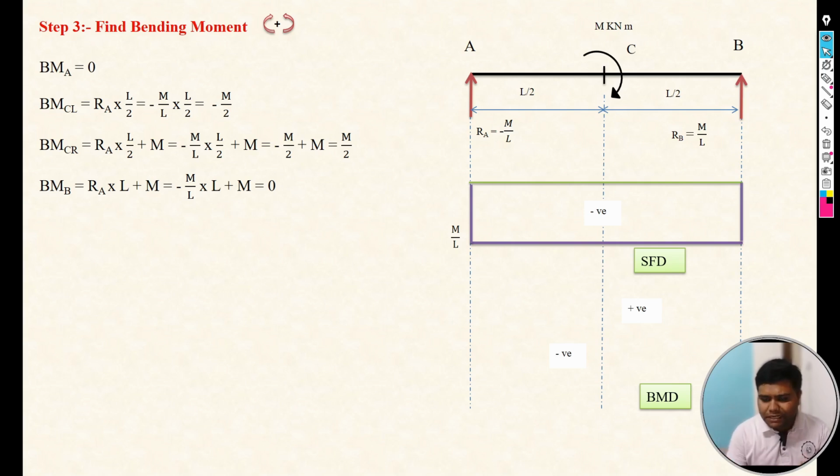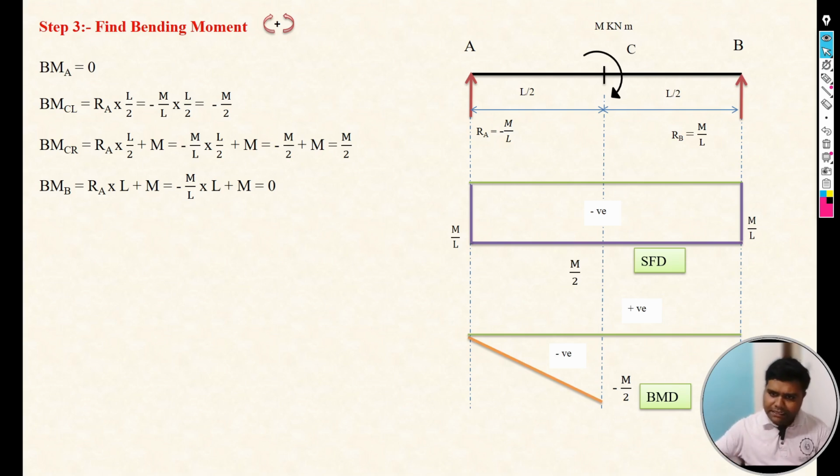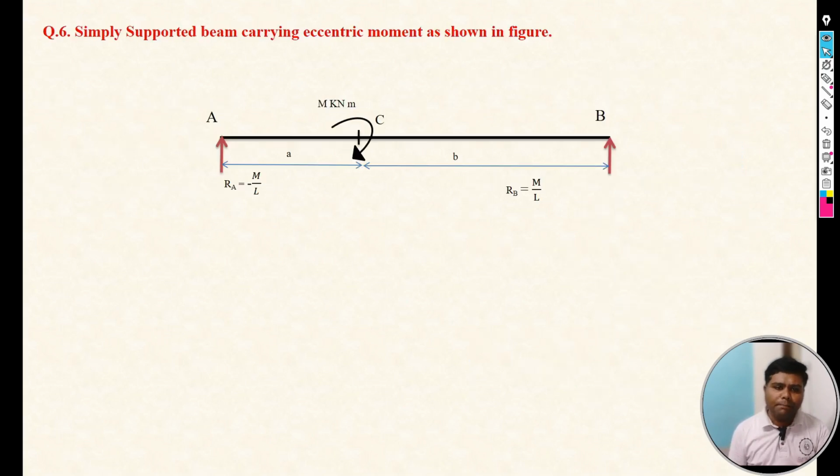Now the baseline for the bending moment diagram. At C left it is downward, and at C right it suddenly goes up, and again from C right to the B point it is 0. So this is the shear force and bending moment diagram.